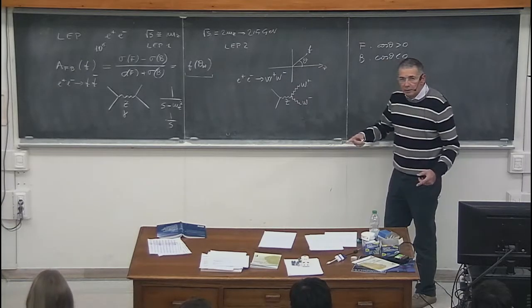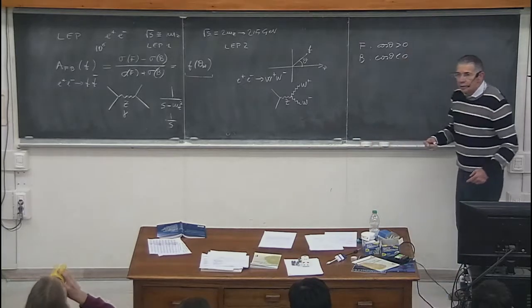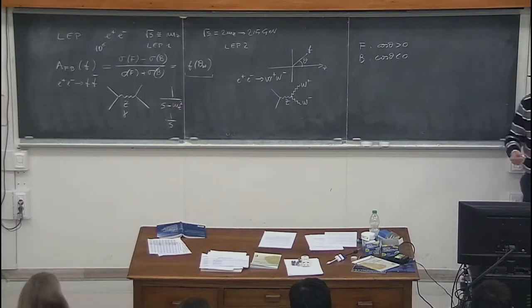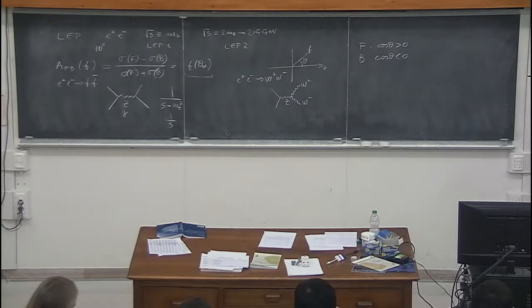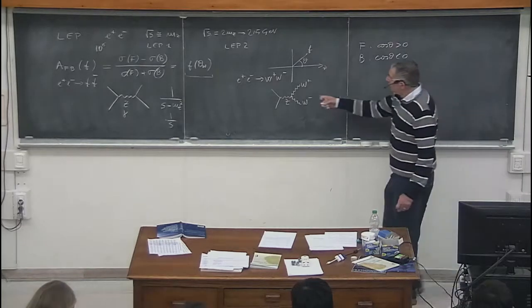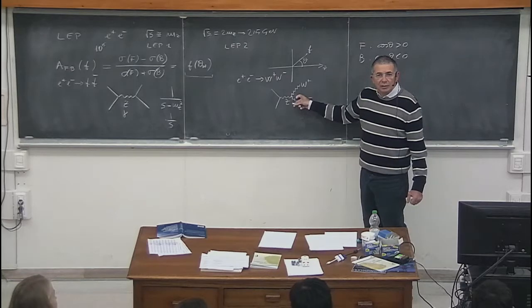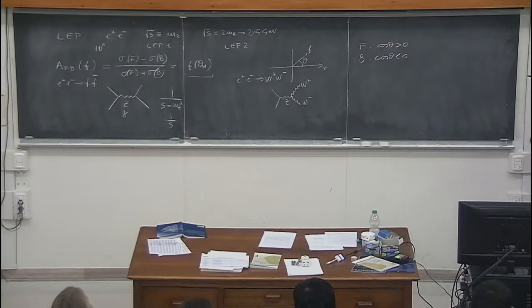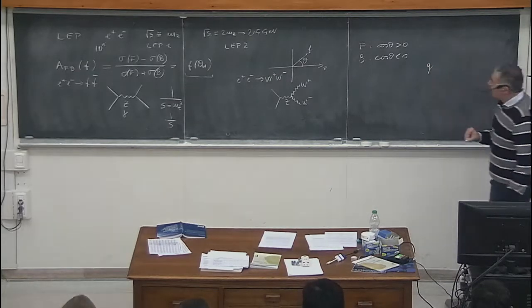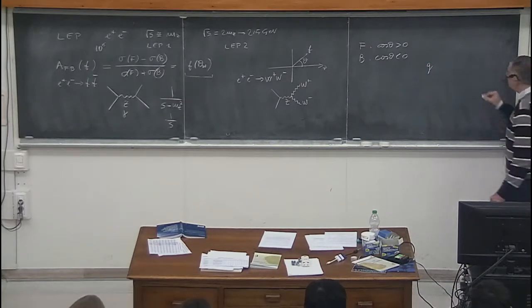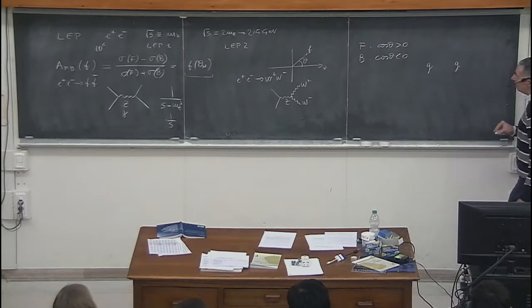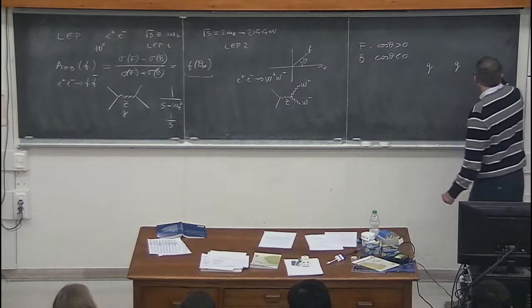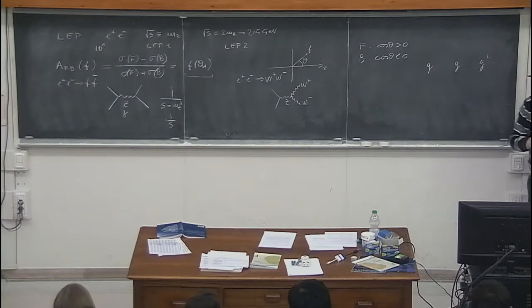So this is a test of the correctness of the idea that vector bosons are gauge vector bosons. And again, this has been confirmed at a high level of accuracy, and this is a very important test. So the fact that if G is the coupling of fermions to gauge bosons, then G is also the coupling of trilinear vertices, and G squared is the coupling of quadrilinear vertices. This is a very important point, very special of gauge theories. So this has been an interesting test.